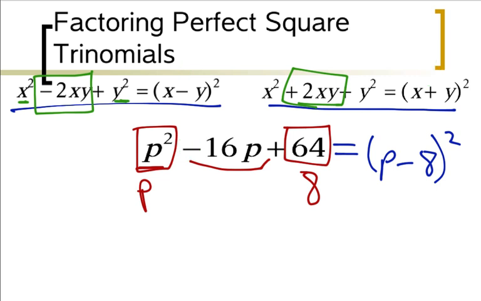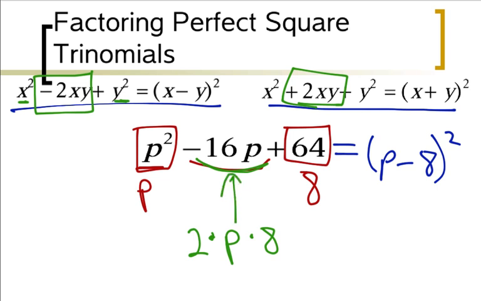All I have to do is think about, is this negative 16p really just 2 times the first number, which is 1p, times the last number, which is 8? In other words, is 2 times 8 16? And it is.